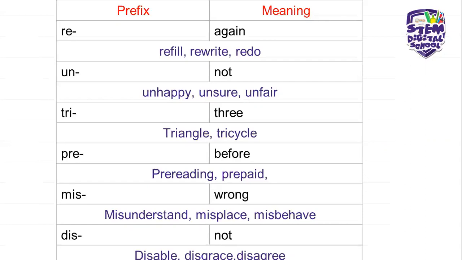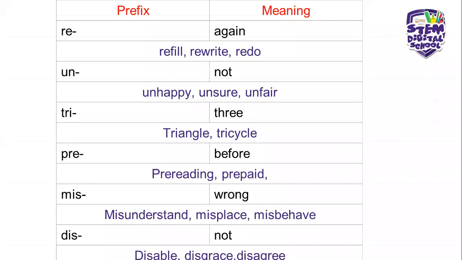So a re prefix means again. Un means not. If you put un in front of a word, like my example, unsafe, or unhappy, which means not happy, or unsure. It means you're not sure.